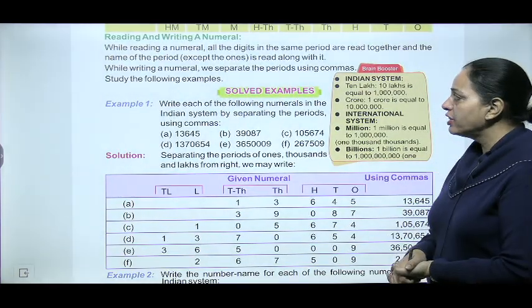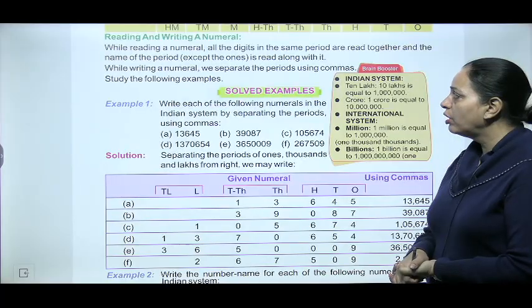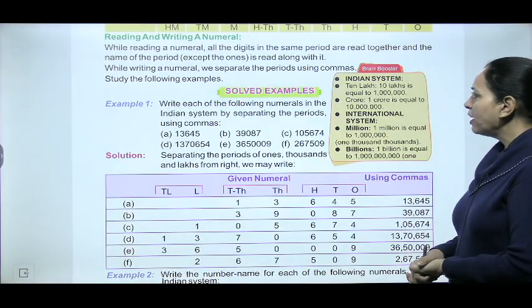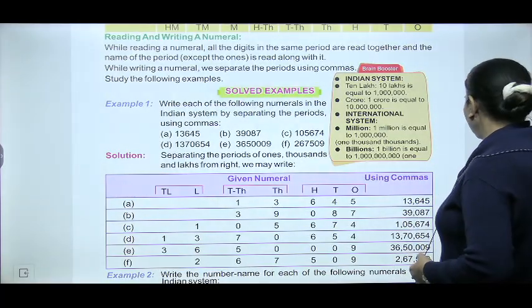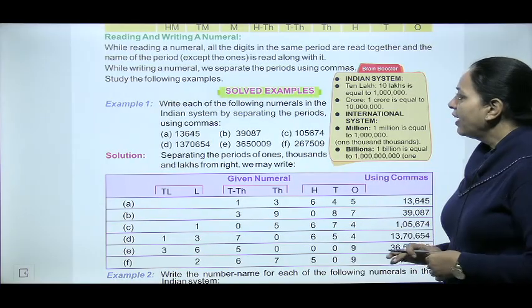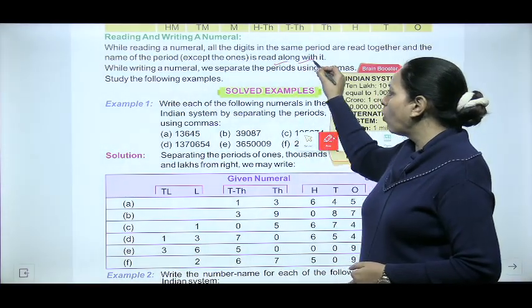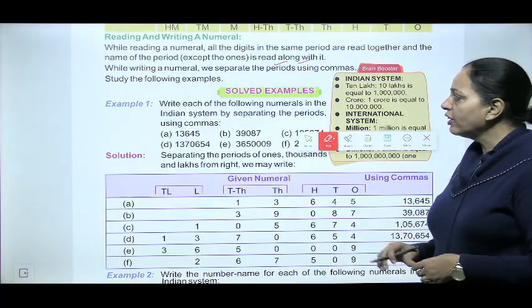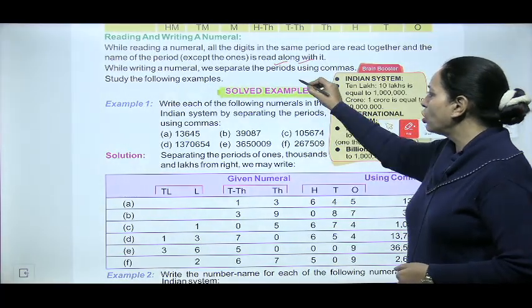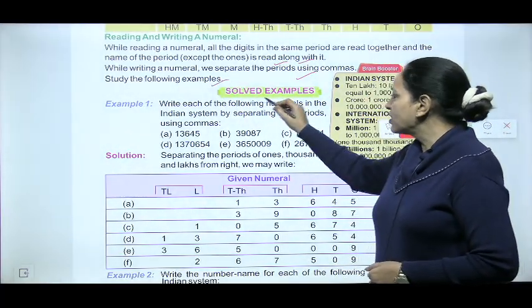Now reading and writing a numeral. While reading a numeral, all the digits in the same period are read together, and the name of the period, except the ones, is read along with it. While writing a numeral, we separate the periods using commas. So study these examples.